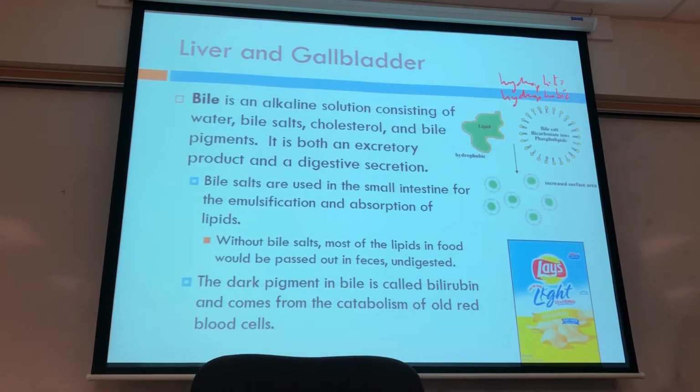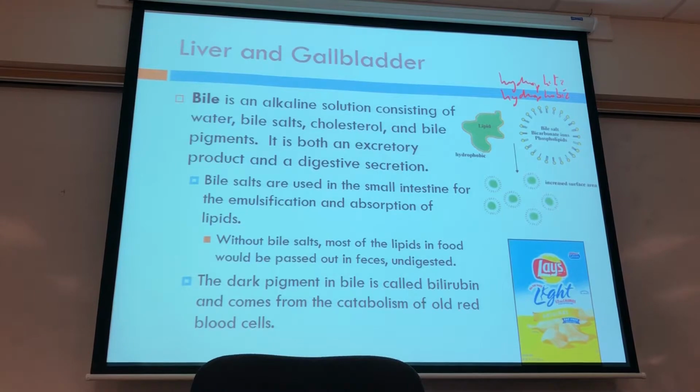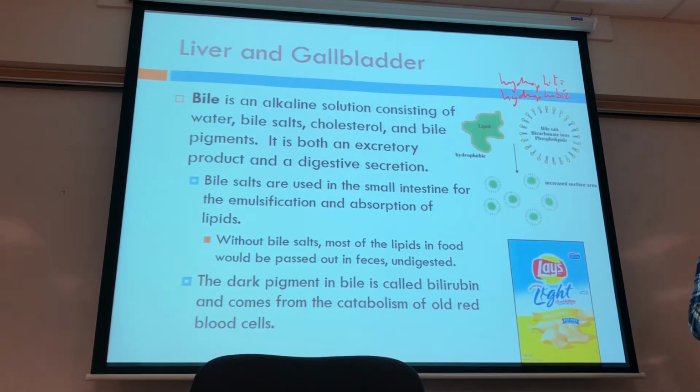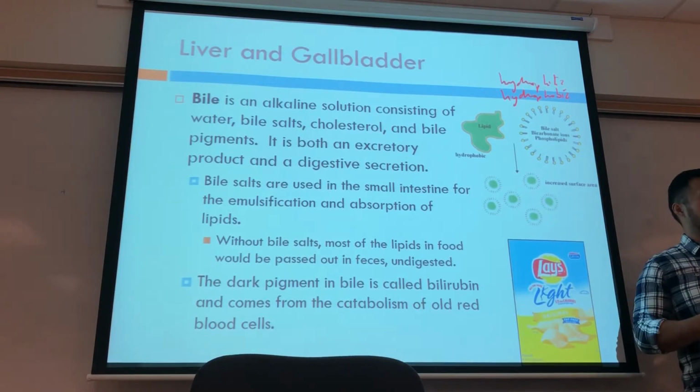So what exactly is the process of emulsification? Let me give you the example of an egg. If you crack open a raw egg, you'll see the egg white and you'll see the yolk. And those two are typically maintained separately.